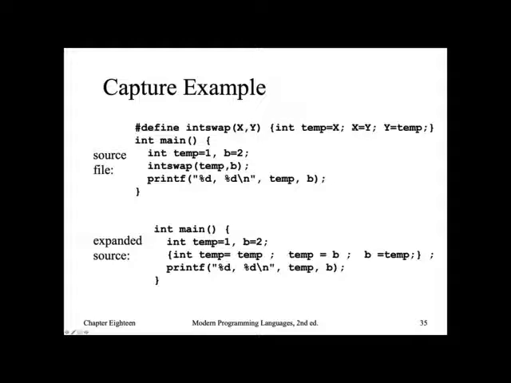Yeah, well, no problem. The problem is, later on, I'm writing this program, and I just happen to, by coincidence, have a local variable called temp that I assign to be 1, and then a B that I assign to be 2, and then I do an int swap between temp and B. And again, if you don't think of this as macro replacement, if you think of this as making a function call, if it's a function call, no big deal.